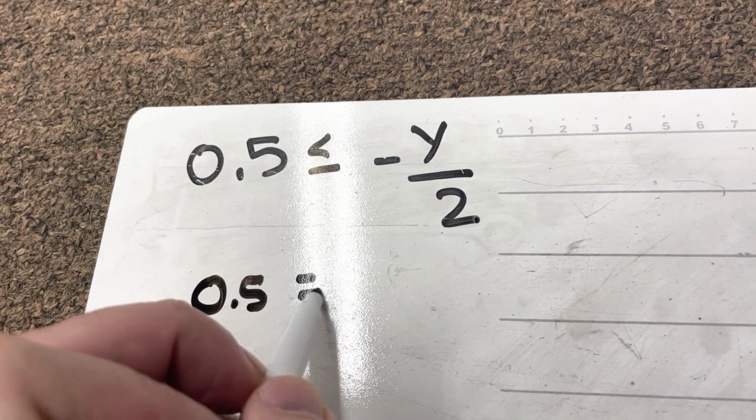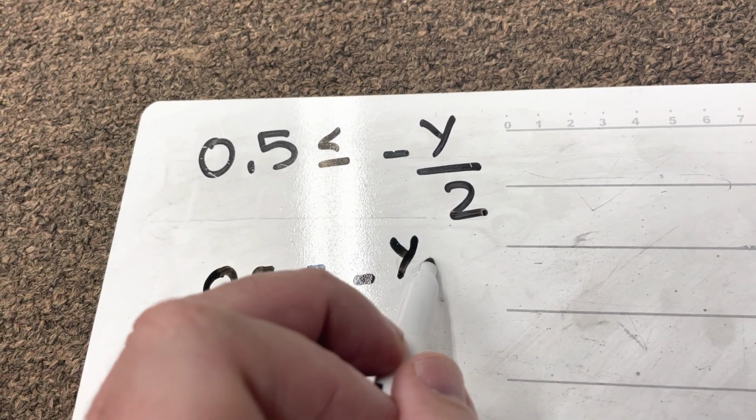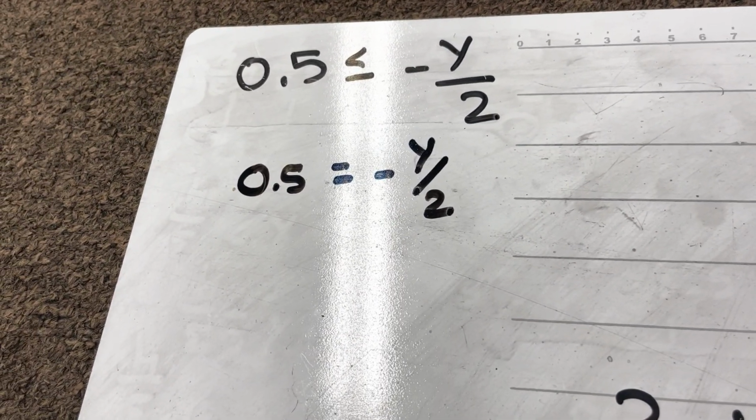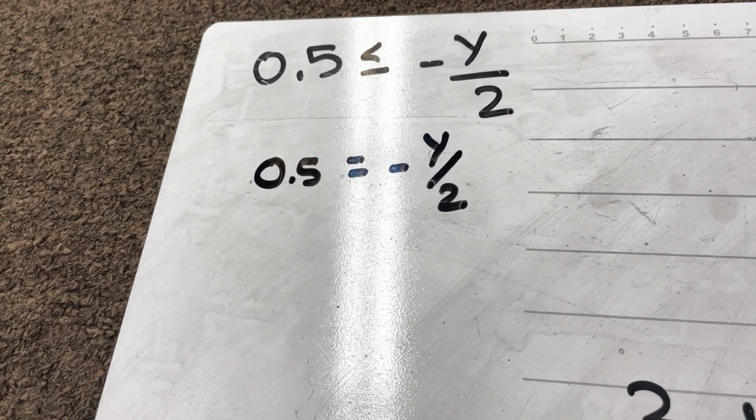This is going to be 0.5 is equal to negative y over 2. That's what I'm going to say. All right. So I'm going to think of this as, well, okay.